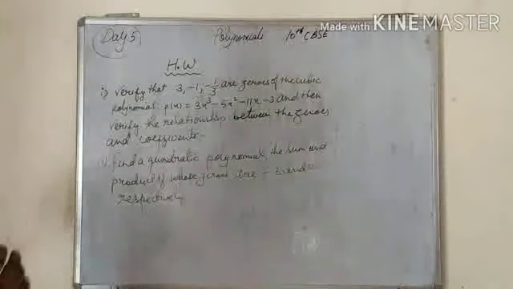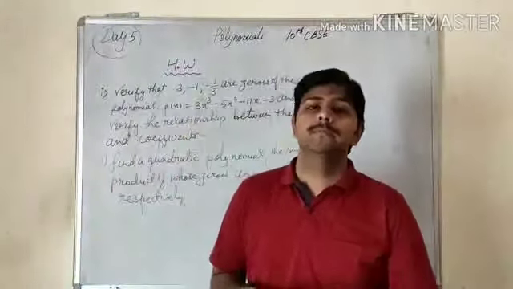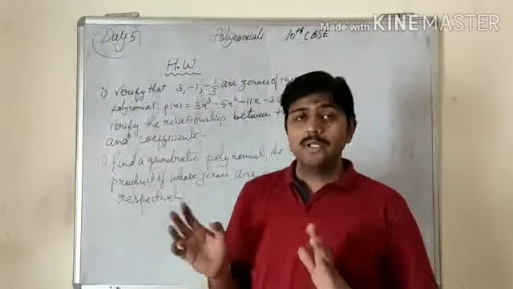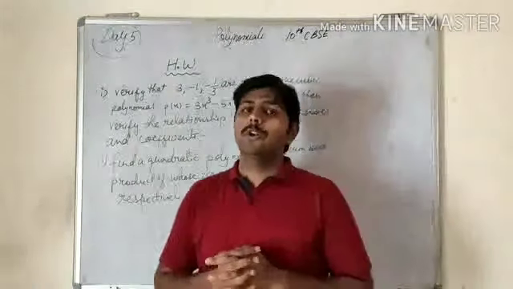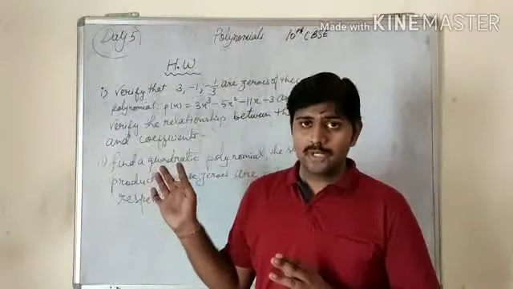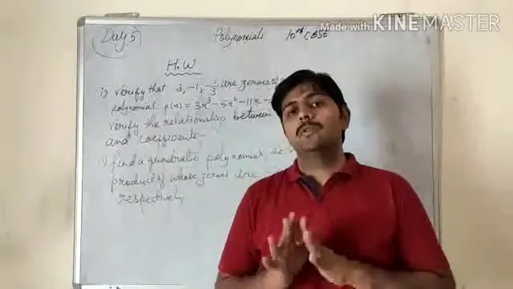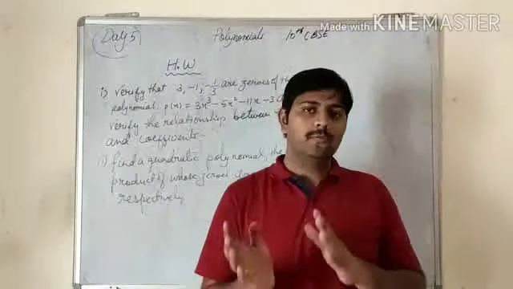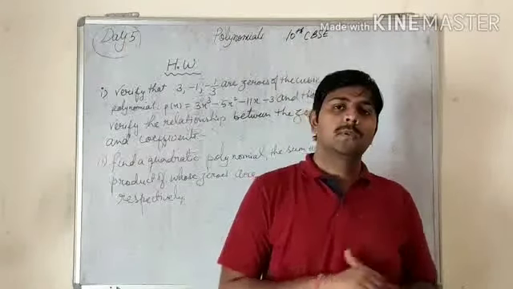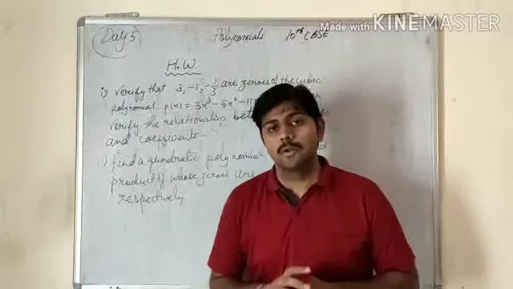So today in the class we did some questions related to the algorithm. Then we did some questions related to cubic polynomials. We found whether the zeros are right or not, and then we verified the relationship between the zeros of the polynomial and the coefficients of the polynomial.